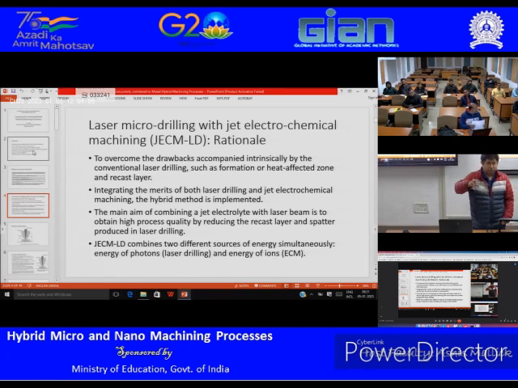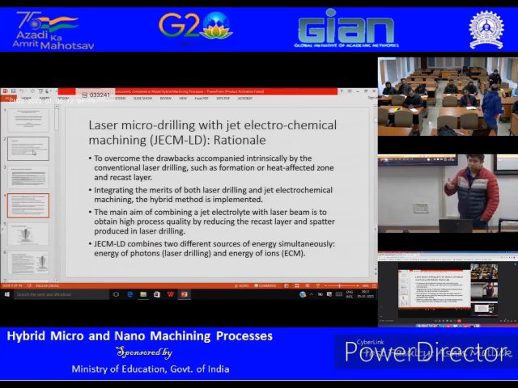If you just put electrochemical solution, it will be a slow process, so you want to increase the speed. So you use an electrochemical jet along with the laser beam. The laser beam is making the pilot hole, and the electrochemical jet is removing all the recast layers and heat affected zone at the side wall, and then the process moves forward.